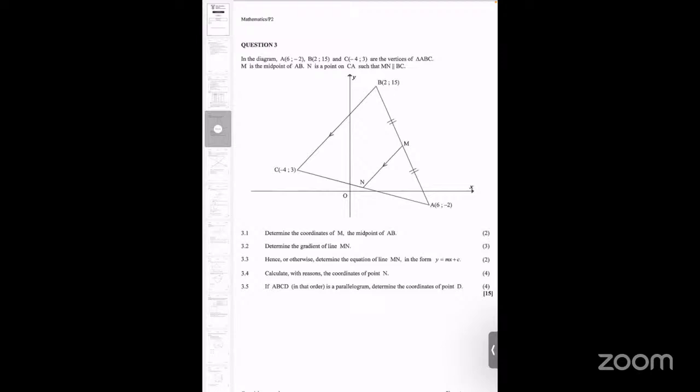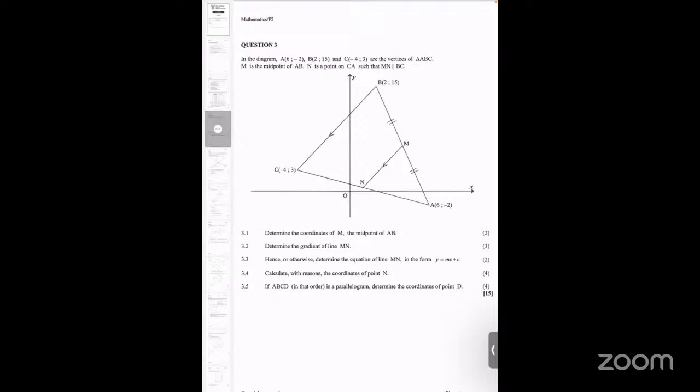So now they say if A, B, C, D in that order is a parallelogram, determine the coordinates of D. And that point D is a new point that they never talked about. It only comes as a question. So what you must do, honorable member, is try to think of a suitable point where that point can be D. If you don't know what a parallelogram is, you won't be able to locate that point.